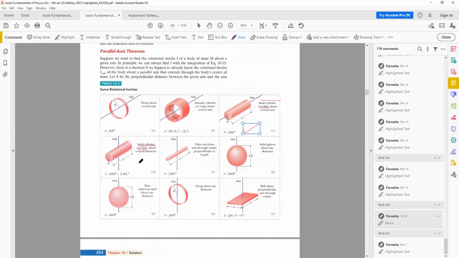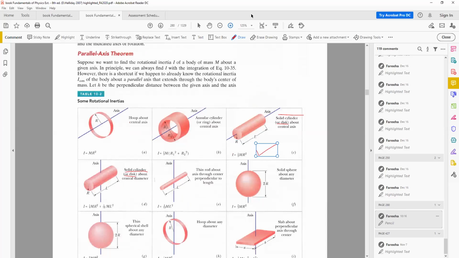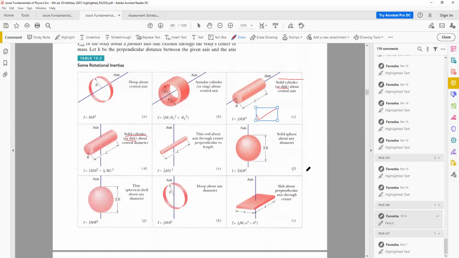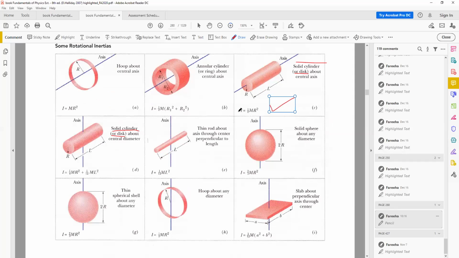Yes. Okay, who will explain what's the difference between F and G? Yes, who will explain the difference between F and G?